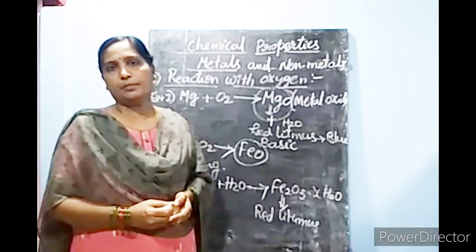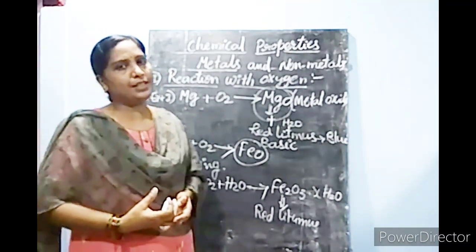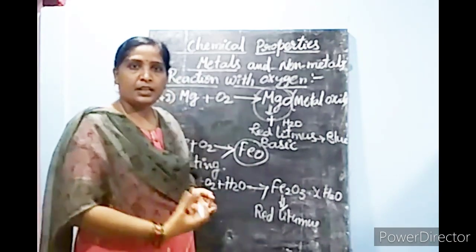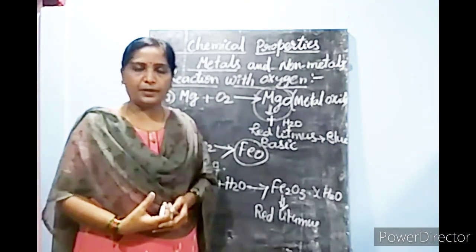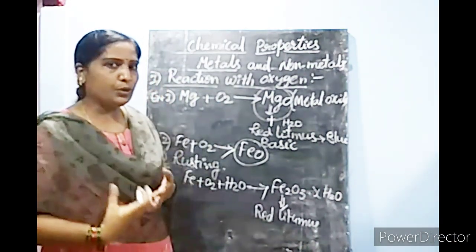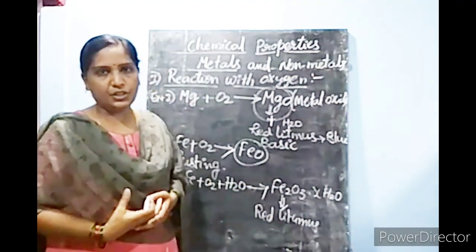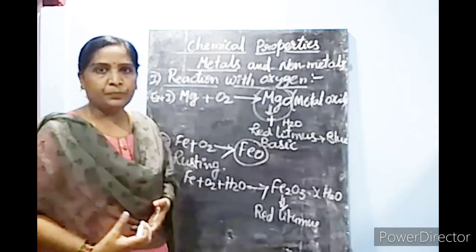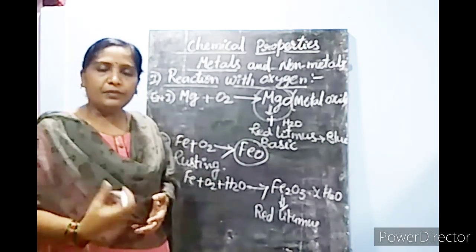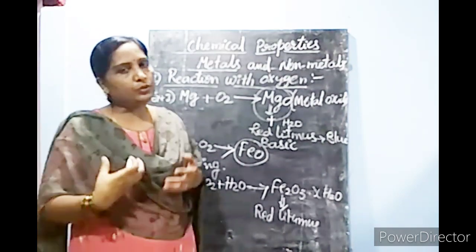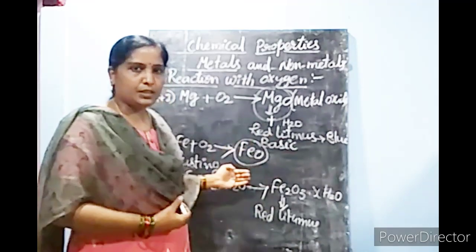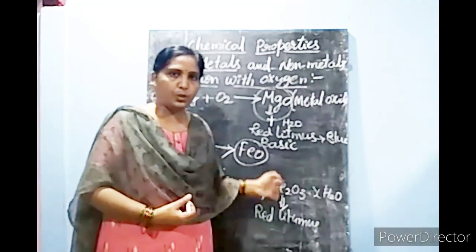Let it dry for some time. Those papers you can use as natural indicators. All this you learnt in class 7. So by using that also you can find out whether this rust is acidic or basic in nature. Definitely after you do the experiment, you will clearly understand. Please go through this experiment at your home.